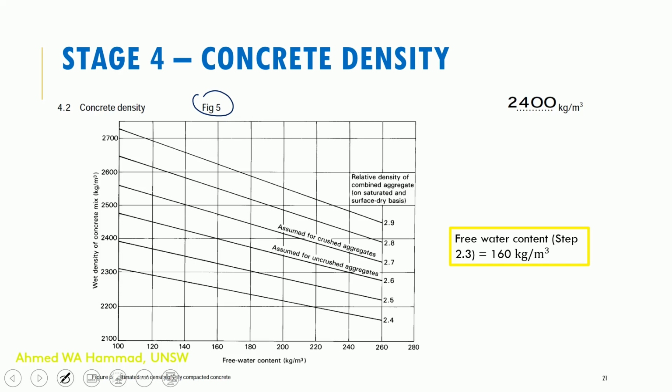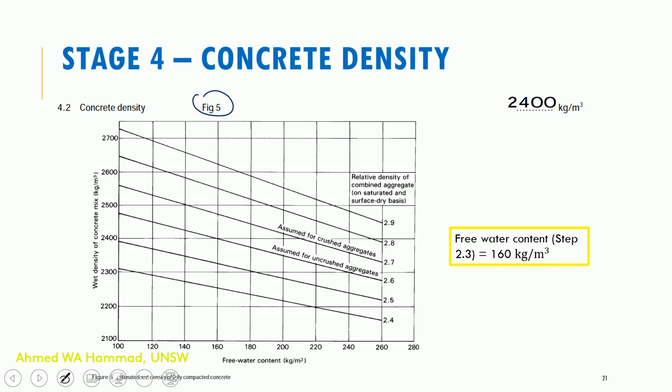So for step 4.2, it's the concrete density that we need to obtain, and we can do that using figure 5. In order for me to use figure 5, I need as input the free water content, which we had obtained from step 2.3 previously, and also the uncrushed aggregates and the relative density of 2.6.